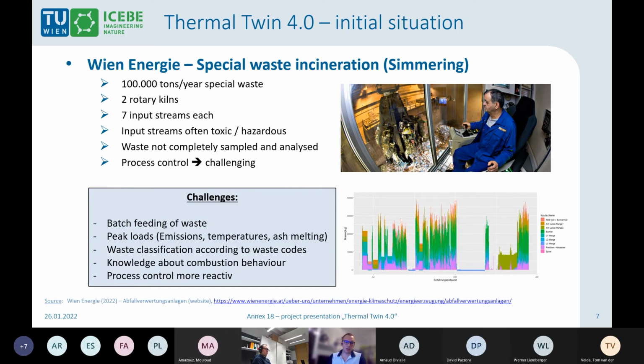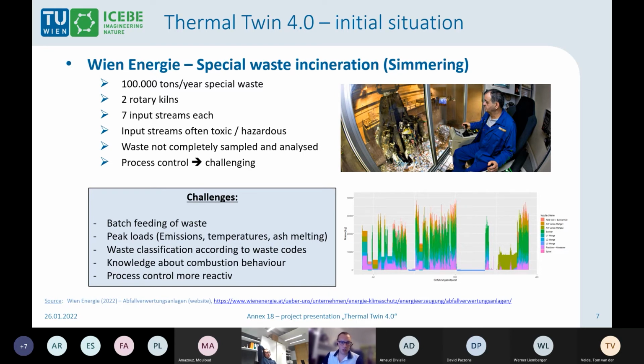But the biggest challenge, as I already mentioned, is that the wastes are not completely sampled. We only know exactly the waste code of the waste streams, and everybody who has seen a waste code knows that it doesn't say much about the waste. It's just a textual description, like filter material, for example, which can be anything from activated carbon to silicate, which means there is quite a huge difference in heating values, which is really important for the combustion.